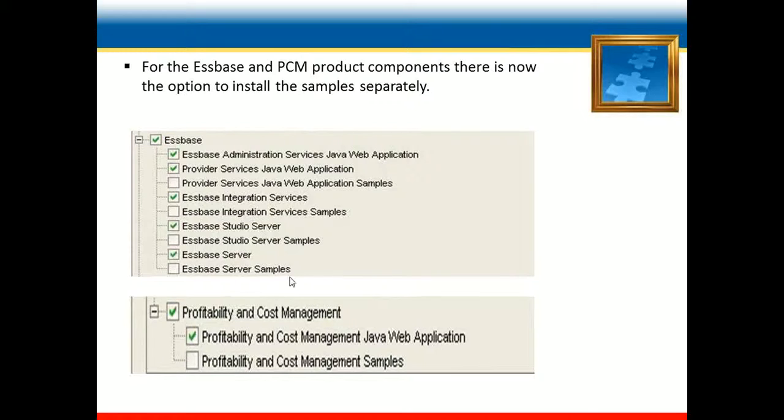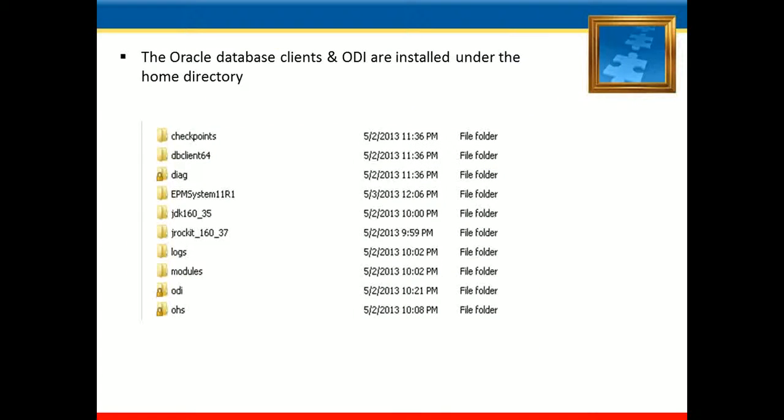There is an HBase server sample available, and Profitability and Cost Management samples are also available. In earlier releases, these options were not available. So with EPM 11.1.2.3, the HBase server samples and Profitability and Cost Management samples are available to install separately from the installers.